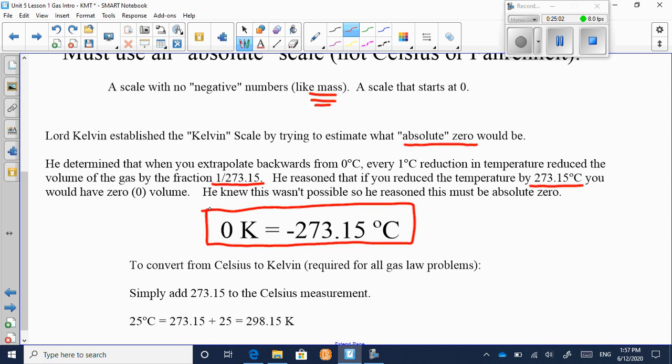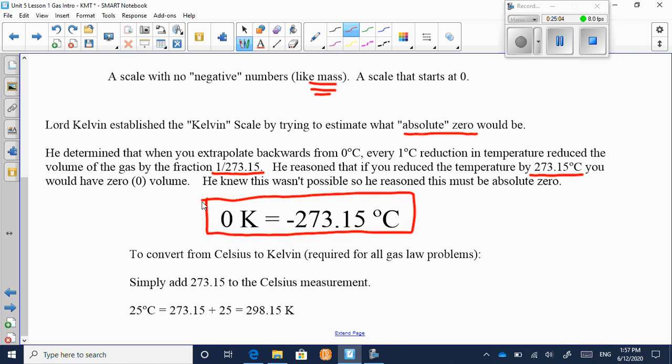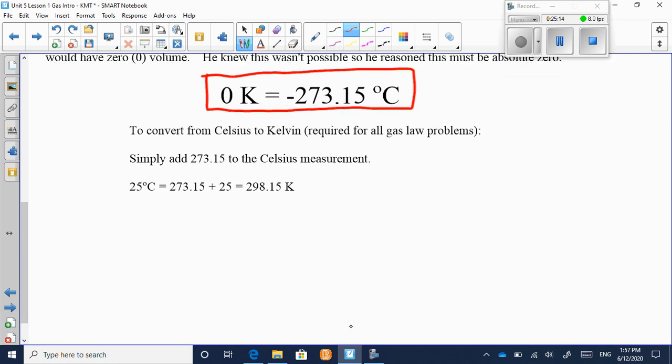And so basically, we've established a new scale, called the Kelvin scale, where you cannot go any lower than 0 Kelvin. And because we use degrees Celsius so much, you have to convert to Kelvin in order to use the gas laws. To convert, you simply add 273.15 to your Celsius measurement.